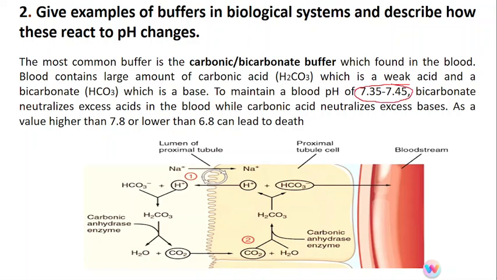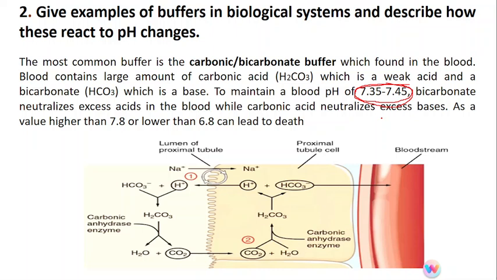We will not forget this because this is a board exam recall question, and you will encounter this in your chemistry proper, your clinical chemistry. So we should remember and take to heart that the blood pH is between 7.35 to 7.45. Going back, bicarbonate neutralizes excess acids in the blood, while carbonic acid neutralizes excess base.